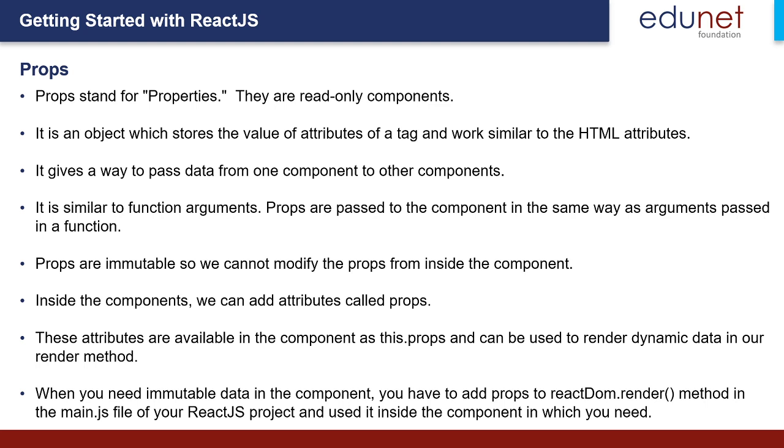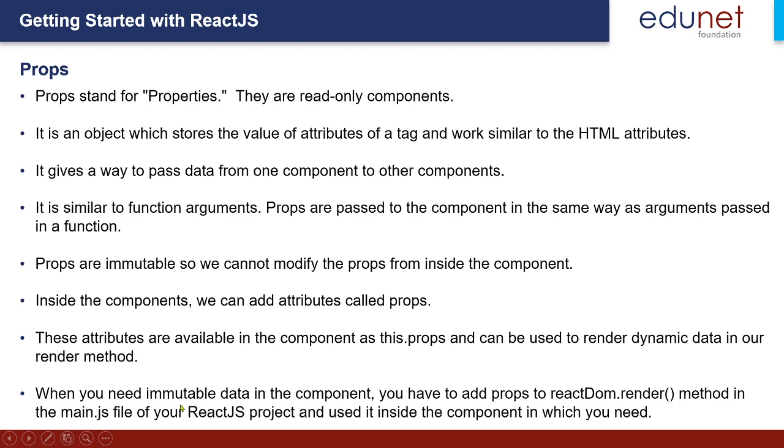Okay, clear? So next, these attributes are available in the component as this dot props, and can be used to render the dynamic data in our render method. So we can also render it dynamically.